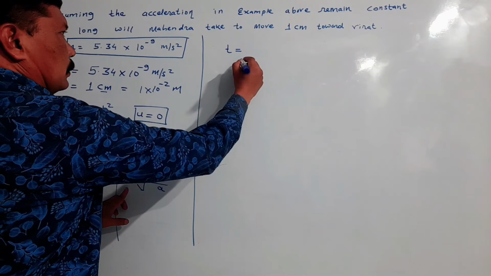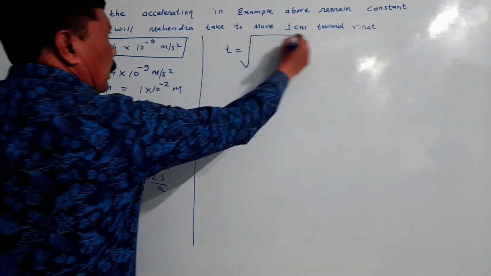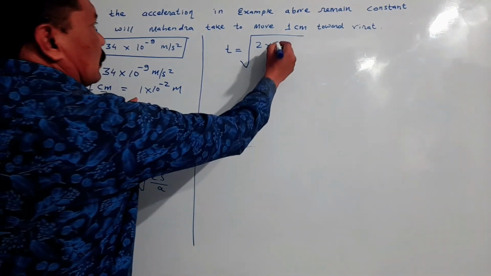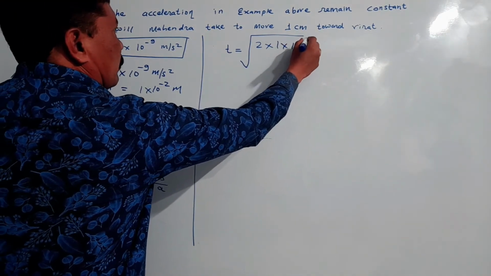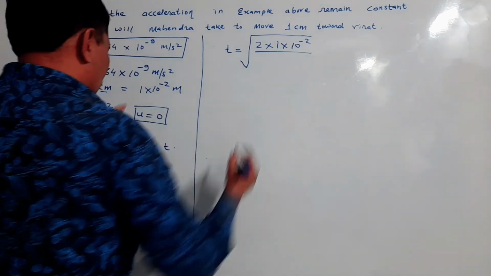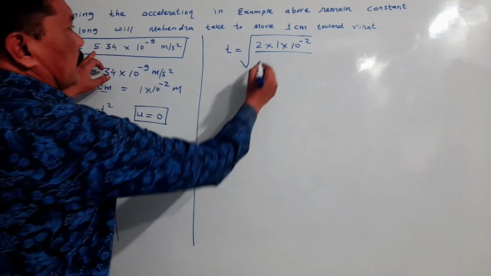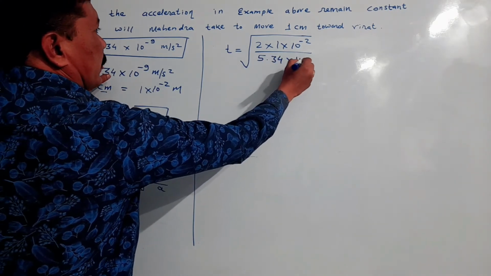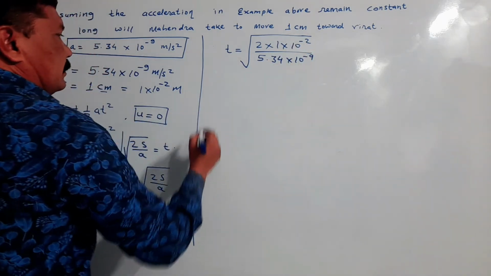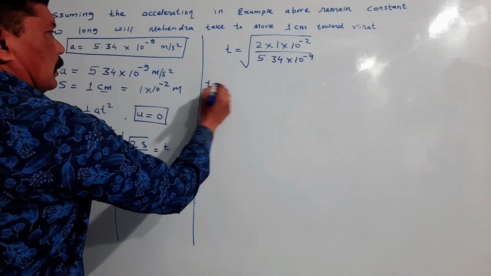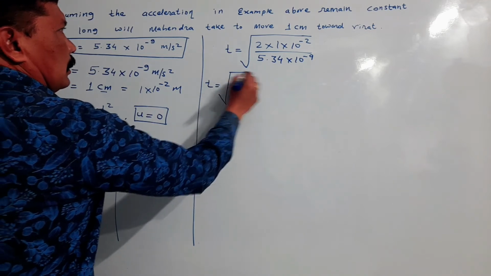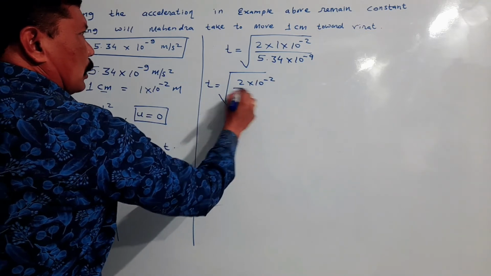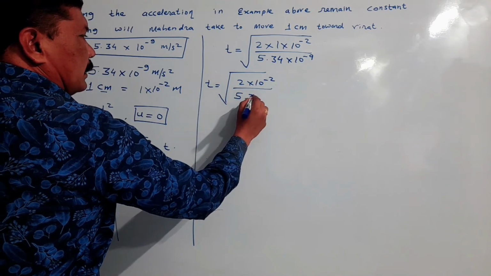T is equal to under root 2 into s, which is given to us as 1 into 10 to the power minus 2, upon acceleration, which is given to us, that is 5.34 into 10 to the power minus 9. T is equal to under root 2 into 10 to the power minus 2 upon 5.34.